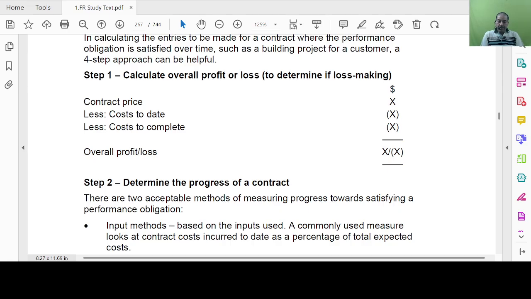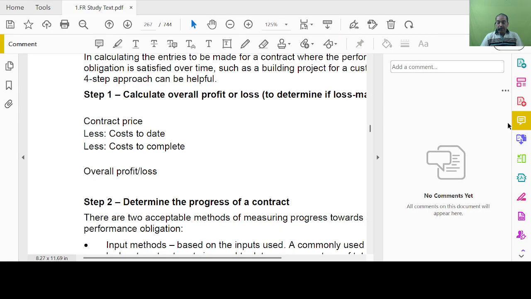How do I start? The total contract price minus from that the cost to date. So I start with the total contract price, less from that cost to date, that is whatever cost is incurred up till the current year, and minus the cost to complete. This will be further cost. Okay, this will be the further cost that I am likely to incur.